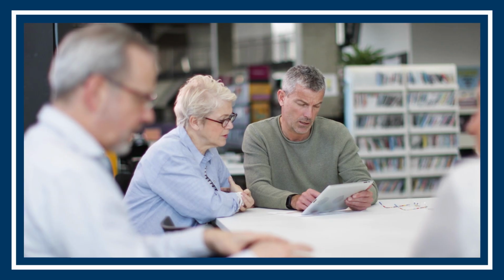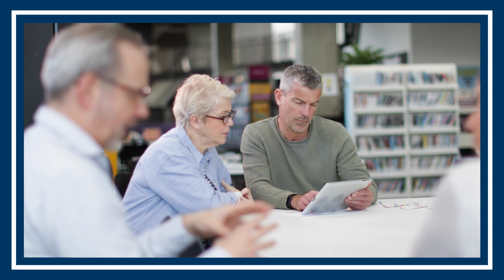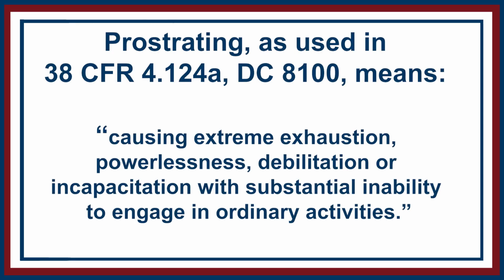This manual basically dummies down VA law for the adjudicators so they could properly issue the decisions, or at least try to properly issue the decisions. The M21 does define prostrating. It is defined as such: causing extreme exhaustion, powerlessness, debilitation, or incapacitation with substantial inability to engage in ordinary activities.